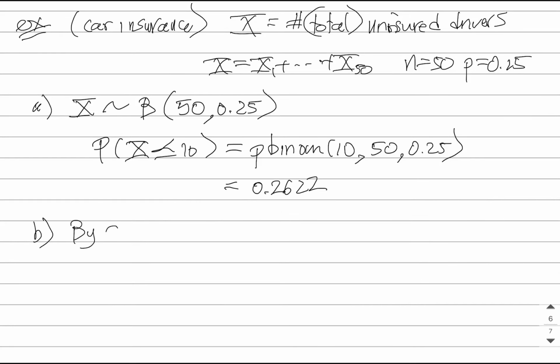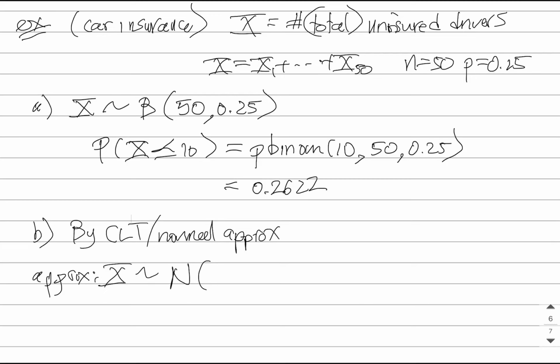Now, if we would like to use a normal approximation using the central limit theorem, it is approximately true that X is going to be normally distributed with mean np and variance np(1 minus p).